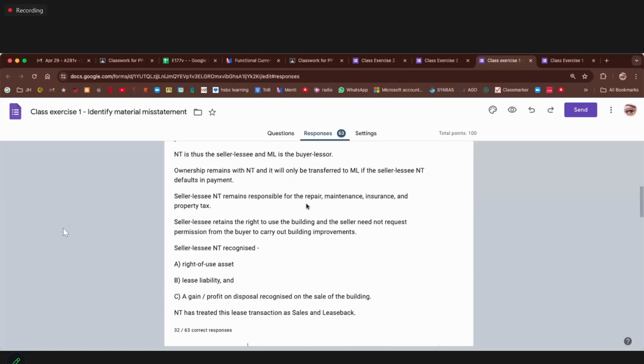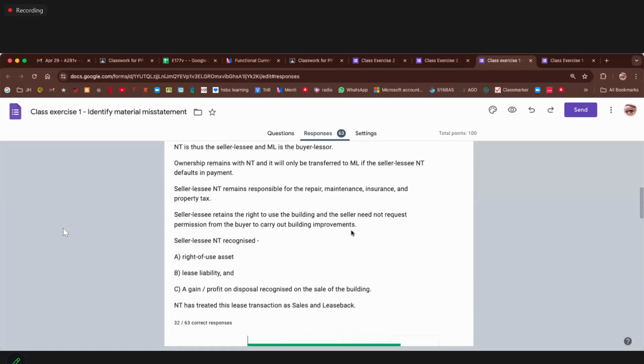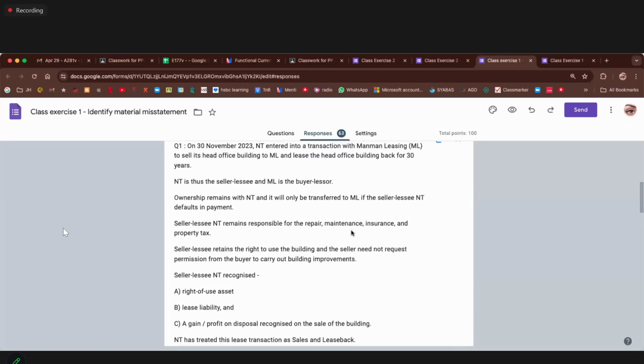At the same time, it means that the lessee can actually do building improvements. So they treat it like their own asset. It looks like the asset has never changed hands. So I doubt that there is any sale in the first place.